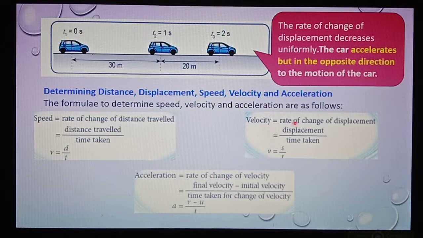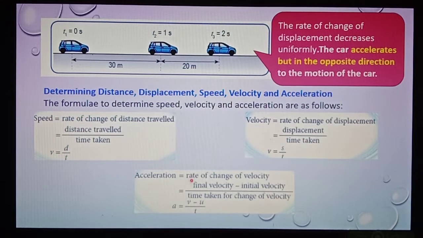For velocity, defined as the rate of change of displacement, velocity equals displacement divided by time taken. Displacement we mark as s, so v equals s divided by t. Now we can see the difference between speed and velocity.